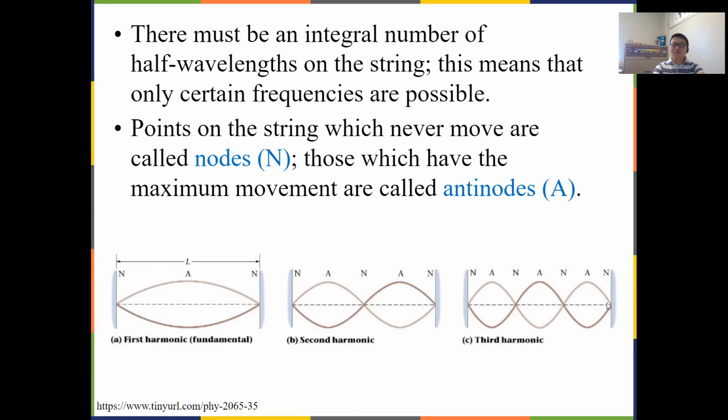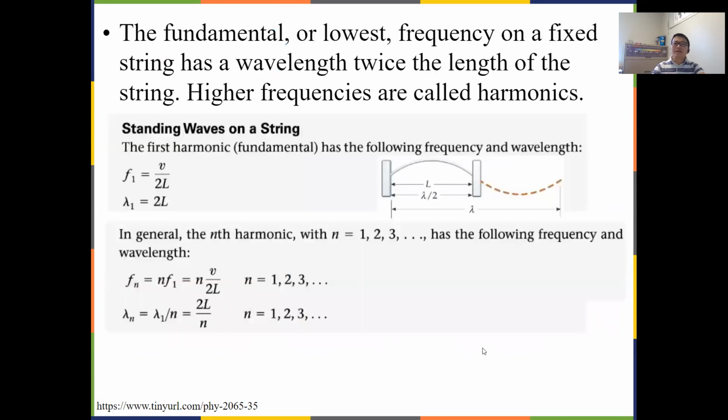And in this case, you have 3 loops, so you have 2 complete loops as one wavelength. So the wavelength here is 2/3 of the length. So your wavelengths are decreasing, your frequencies are increasing in that sense.